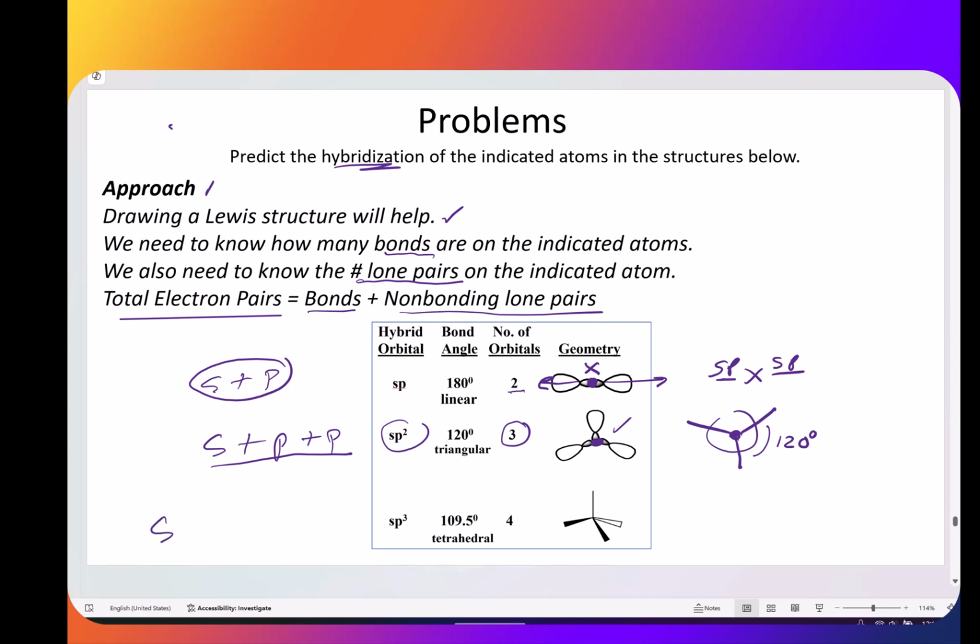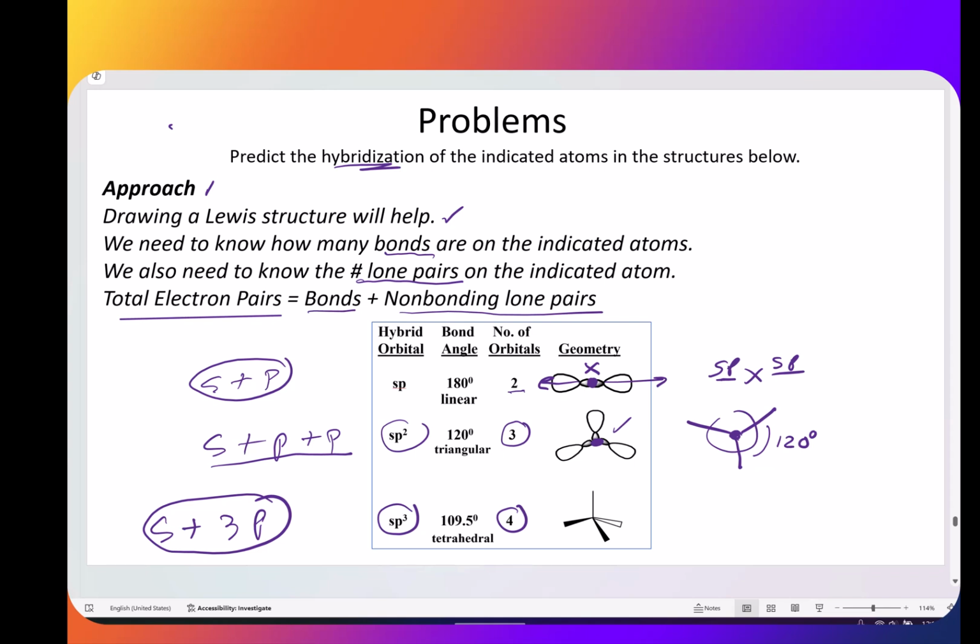If we combine an s plus three p's, px, py, and pz, we end up with sp3 hybridization. Since we're mixing four atomic orbitals, we end up with four sp3 orbitals. They're always oriented in a tetrahedral configuration.